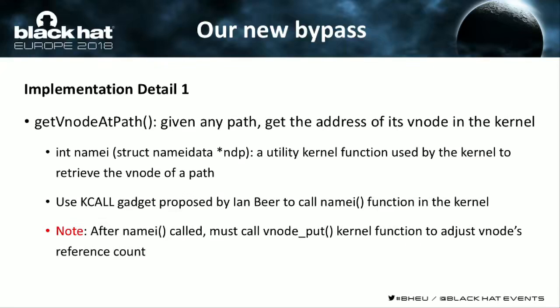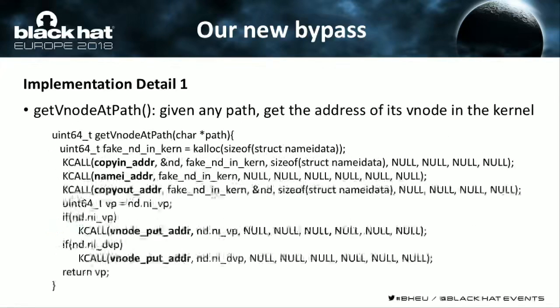One thing we should note in this function is that after namei is called, we must call the vnode put kernel function to adjust the vnode's reference count. This is the implementation of getVnode.